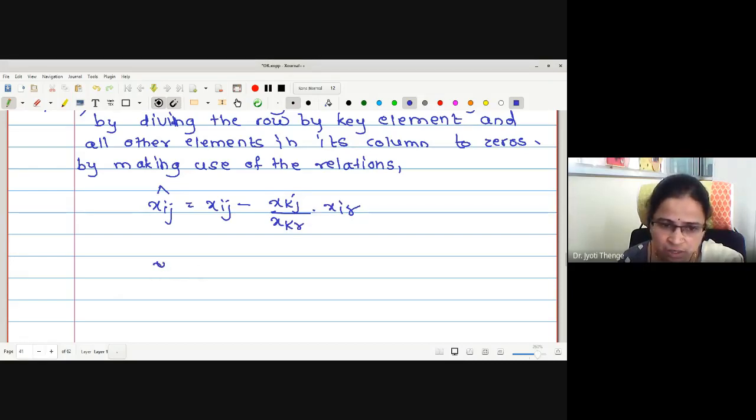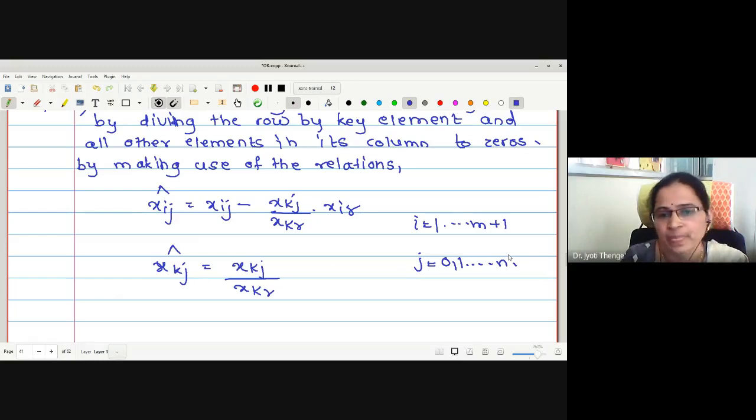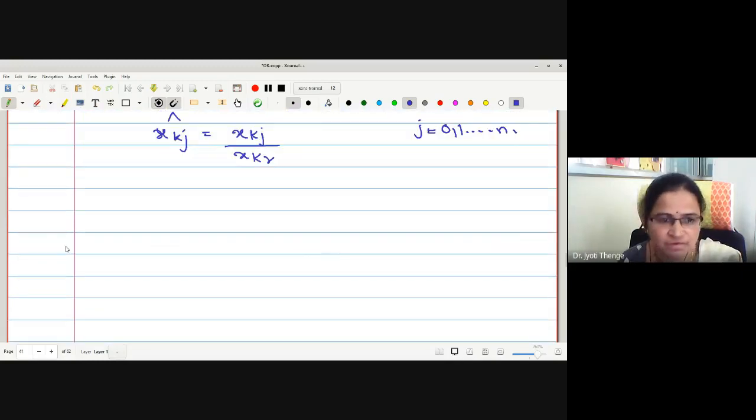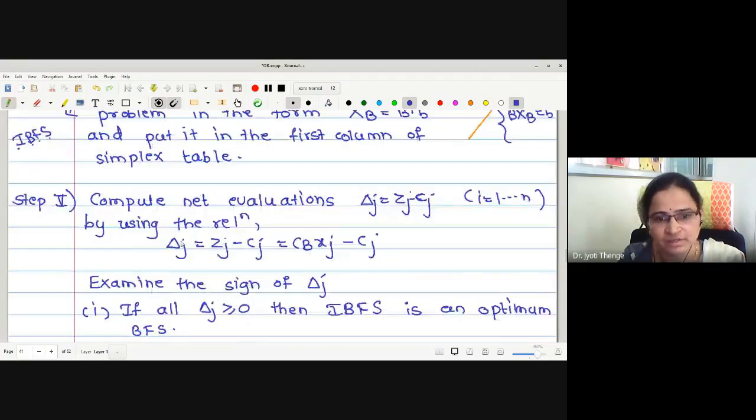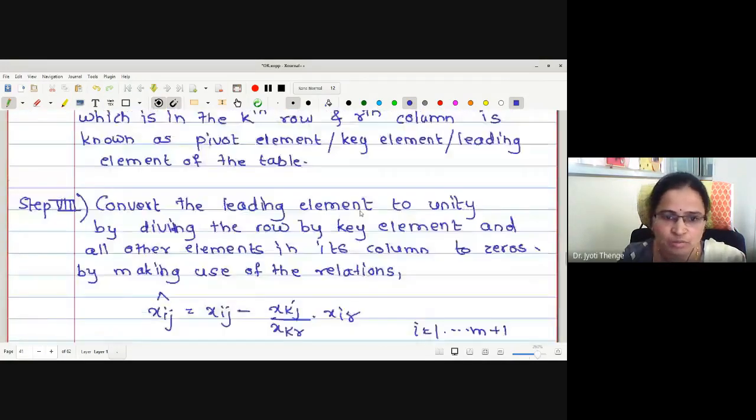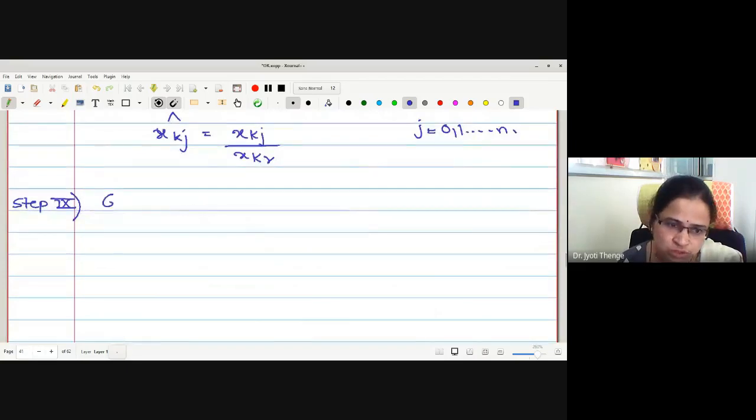Next, xkj cap equals xkj upon xkr. i takes the values 1 to m plus 1 and j takes the values 0, 1 to n. Then the last step, step number 9: we have to repeat from step number 5, computing the net evaluation and repeating the process. Okay, then go to step 5.